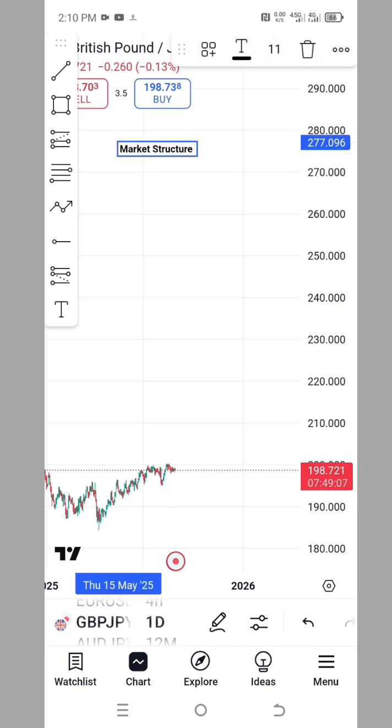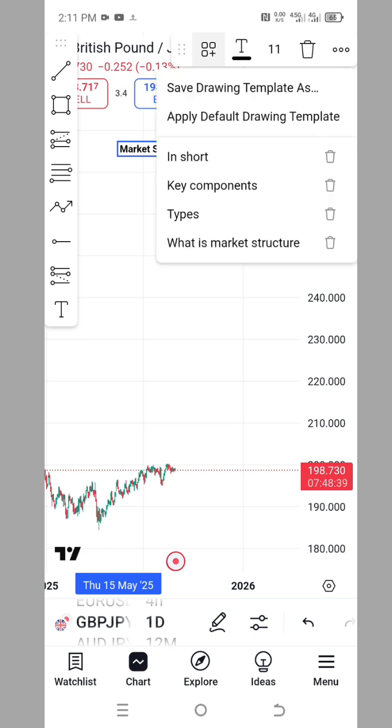Market structure is as important as SMC. If you want to trade, you just have to understand market structure. If you want to understand SMC very well, you need to understand market structure and other key components. But we'll start with what market structure is.